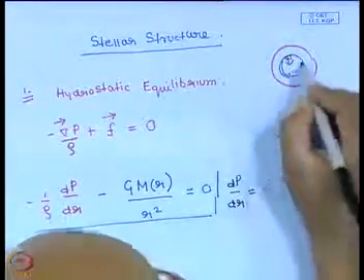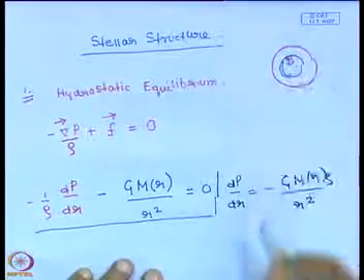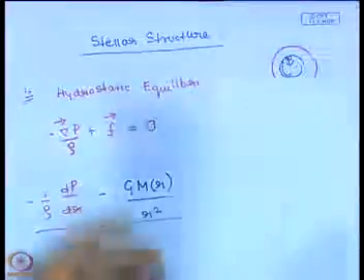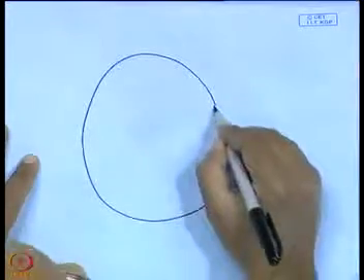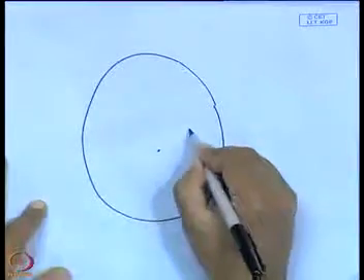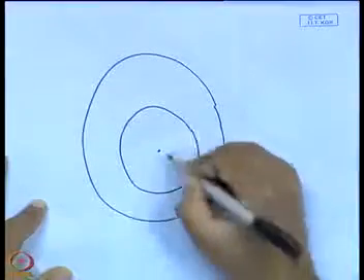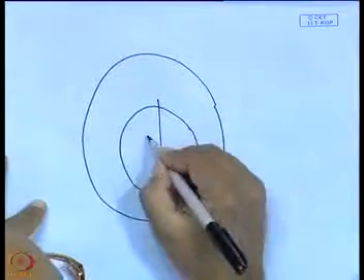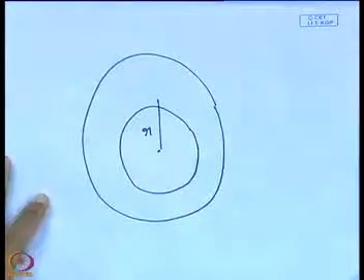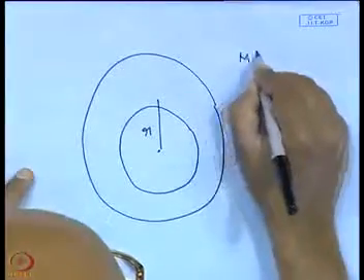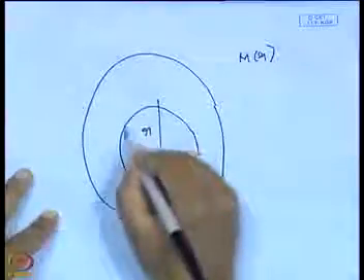So, we are looking at a distance r away from the center, and m(r) is the mass. Let me draw a picture which we can use repeatedly now. So, this is my star, and we are looking at a distance r from the center, and m of r is the mass within this sphere.